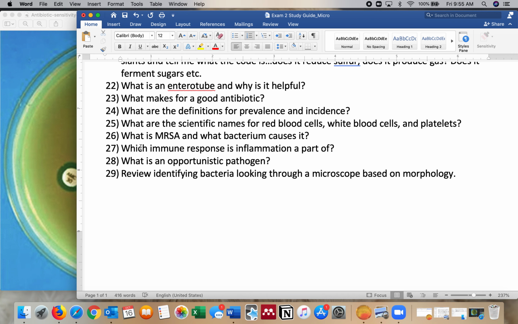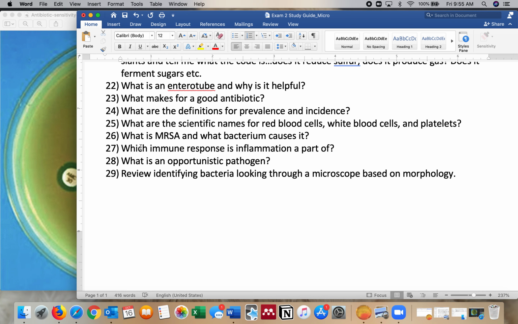So remember that our body, once we're introduced to a pathogen, can create these B cells that are specific to that pathogen, and the B cells will secrete antibodies. Okay, so the antibodies are also very specific to whatever that pathogen is. So that's the immune response. So if you think about inflammation, would you say that inflammation is a part of the adaptive or the innate immune response?